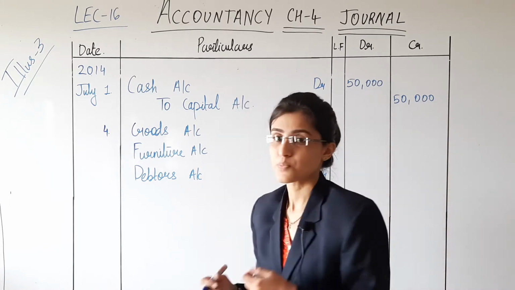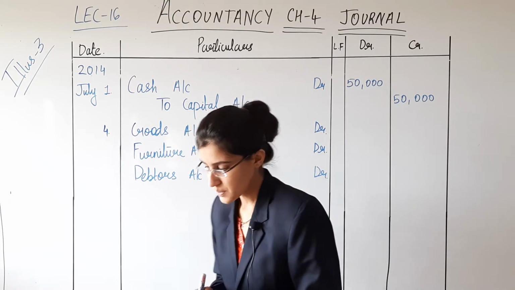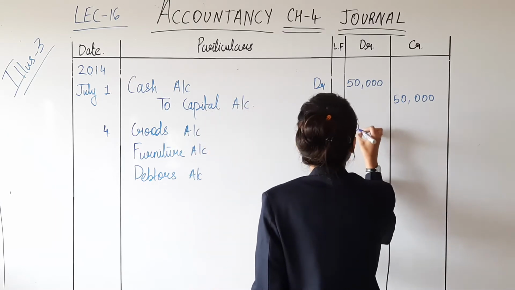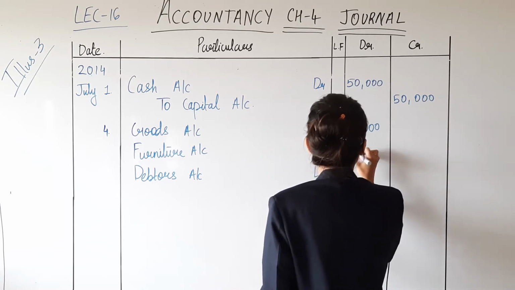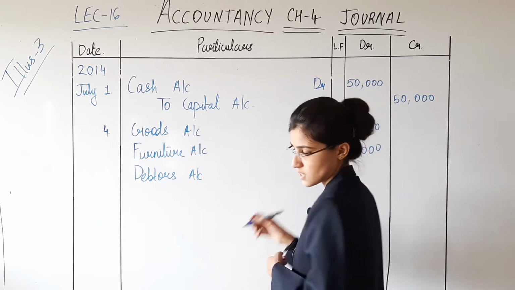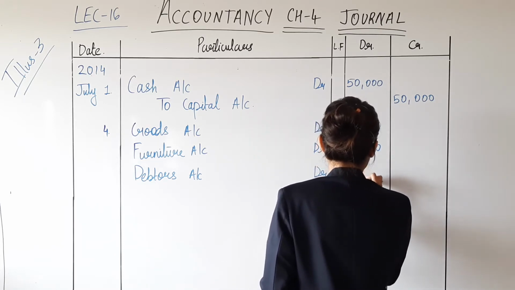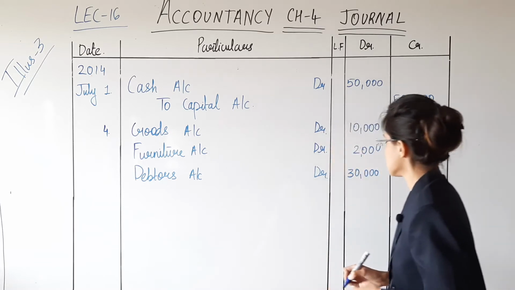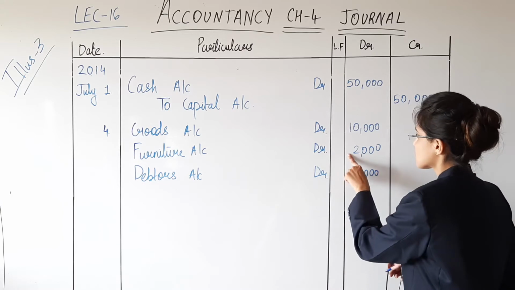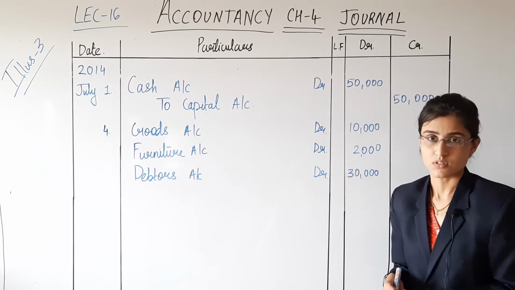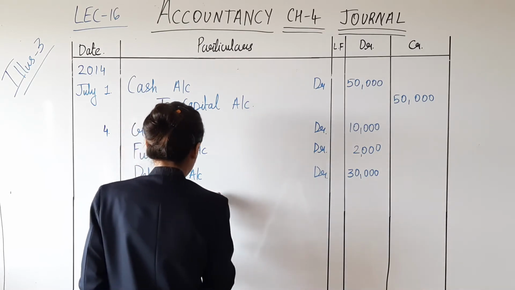Now everything is brought in the business. Goods are of rupees 10,000, furniture is of rupees 2,000, debtors of rupees 30,000. 30 plus 10, 40,000 plus 2,000, 42,000. Again this is capital. So, to capital account.